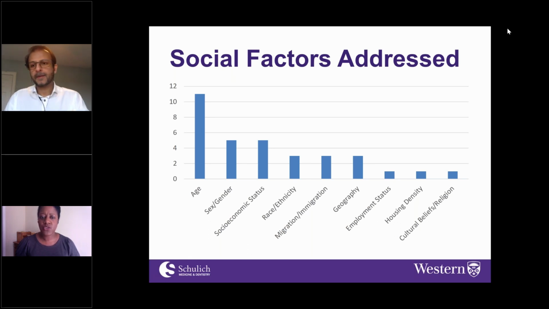And when I say socioeconomic status, that includes references to income, deprivation, marginalization, etc., and SES. 3 each recommended incorporation of race and ethnicity, migration and immigration patterns and geography, and 1 each employment status, housing density, and cultural beliefs and religion.